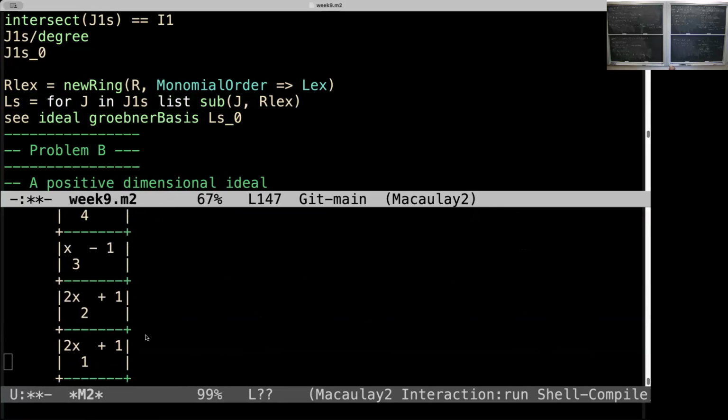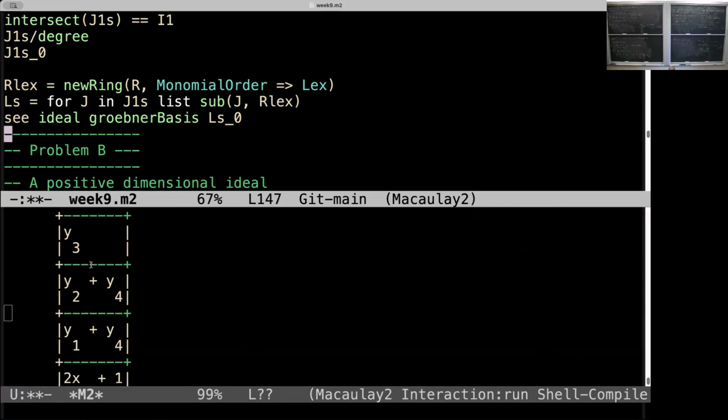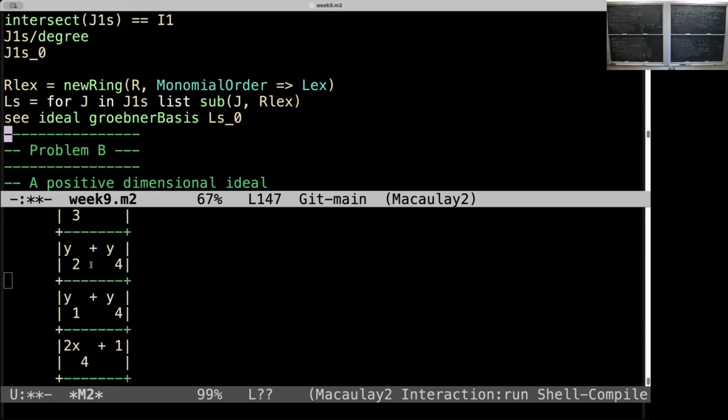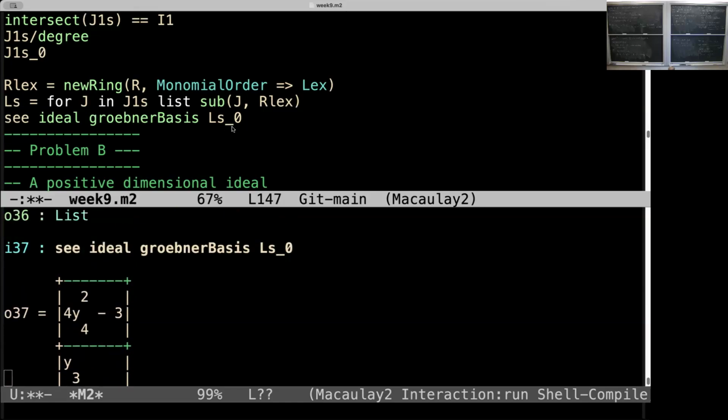We have x1, x2, x3, x4, y1, y2, y3, and y4. This is in normal position. All the other ones are linear. Notice this has a y2 plus y4, which is a degree less than that, as it should. And y4 is the last variable, so this actually is pretty good.